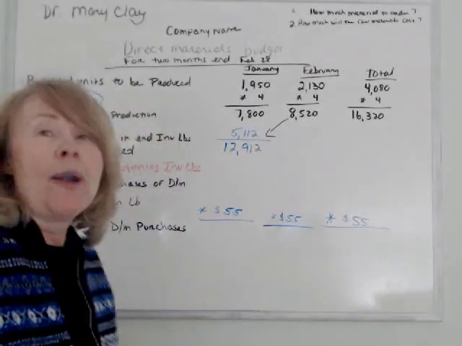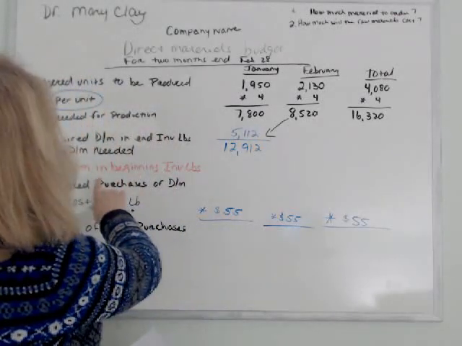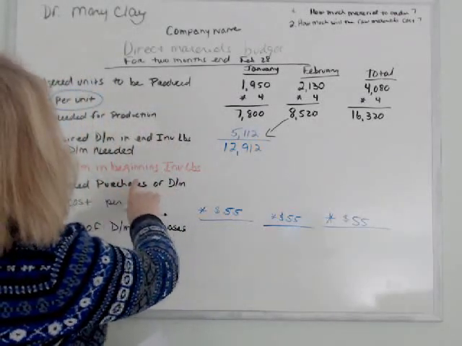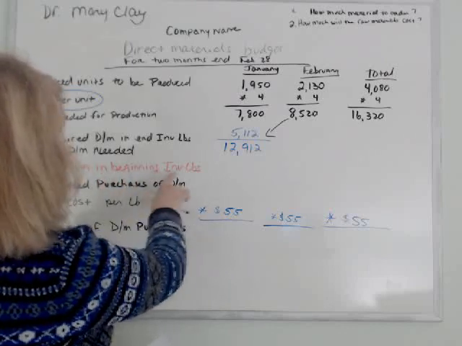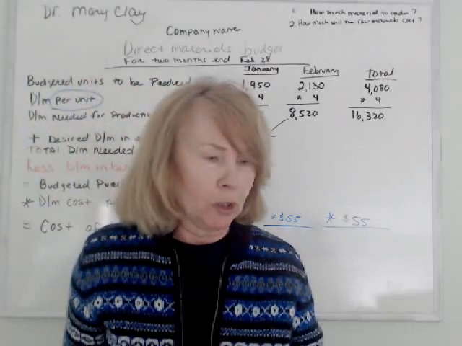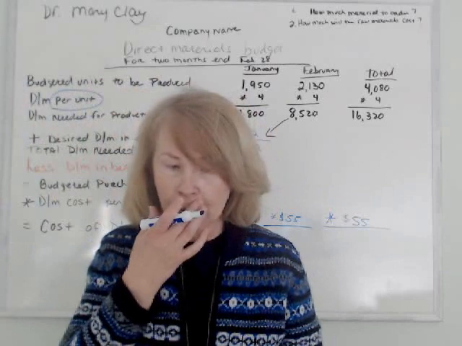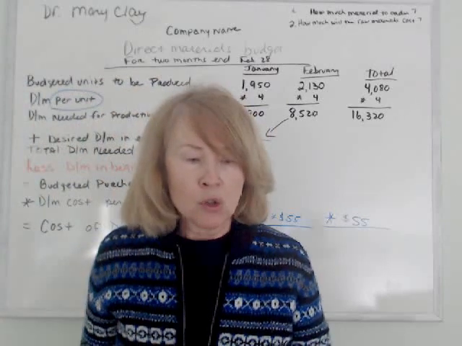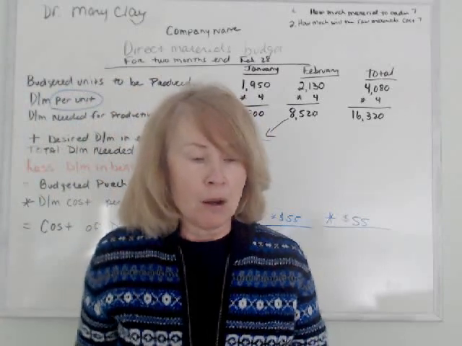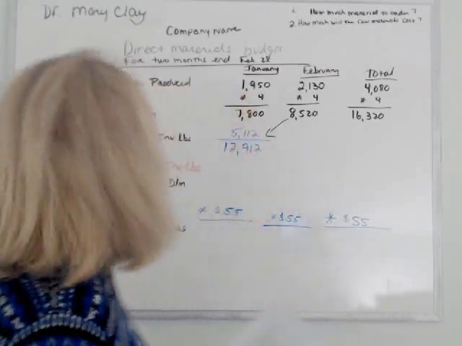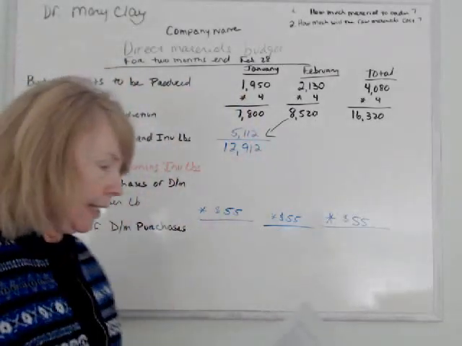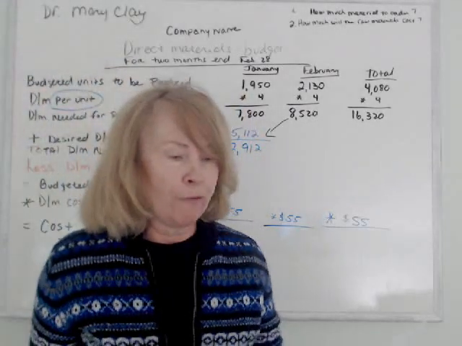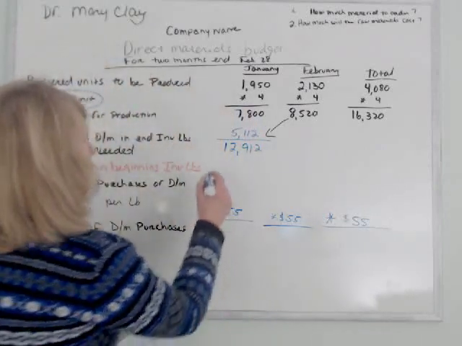Now direct materials in beginning inventory. I look at the problem. Do they tell me what it was? And they do. My beginning inventory, January 1st, is 5,900 pounds.